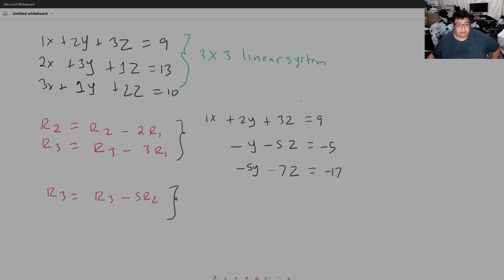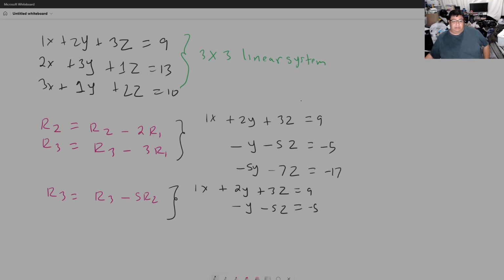So that will produce the new system. That's going to be 1x plus 2y plus 3z equals 9. And we're going to leave this one as it is. So it's going to be negative y minus 5z equals negative 5.